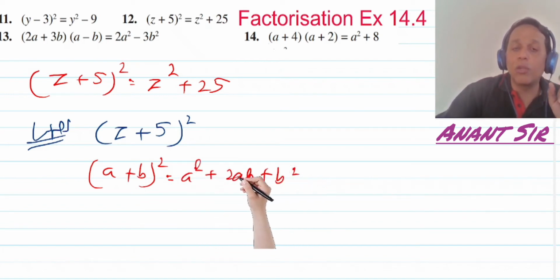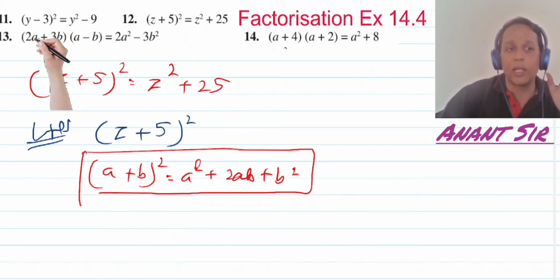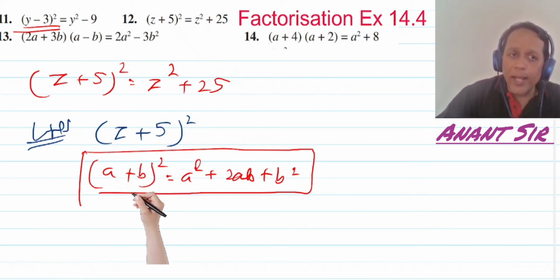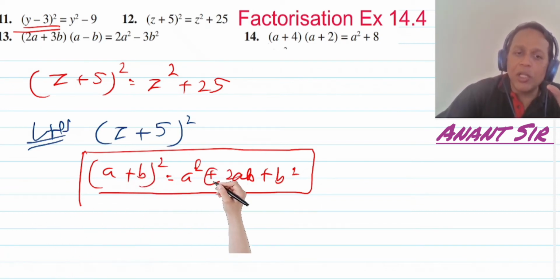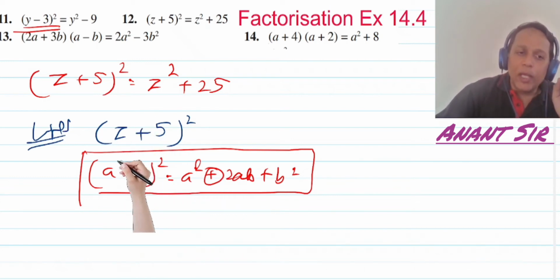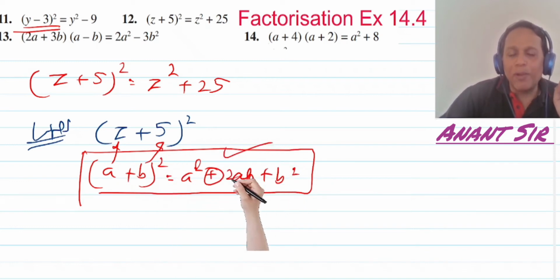In the last question we used a square minus 2ab plus b square because there was a negative sign in between, right? Here it was y minus 3. Now as it is plus, the only thing which changes is that the sign becomes plus 2ab, that's it. So here we replace a by z and b by 5 and we will be able to solve this.